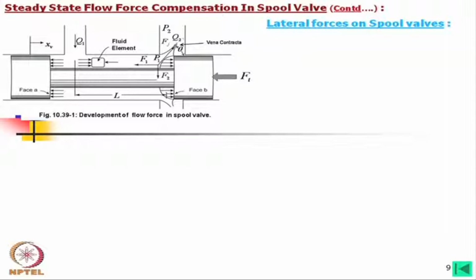but there may be lateral force due to several reasons. One is that, say for example, instead of this full rectangular port, we have used small holes, discrete rectangular holes. They are uniformly distributed, let us consider at 90 degrees, but again due to manufacturing error, they might not be exactly opposite to each other.